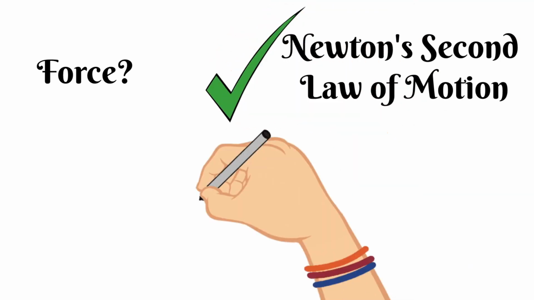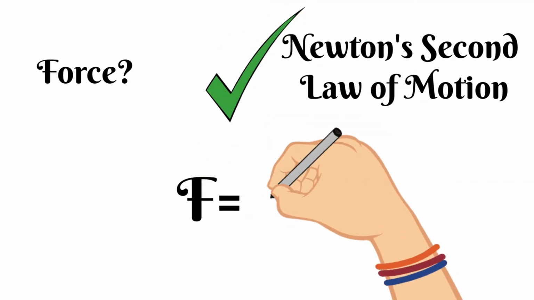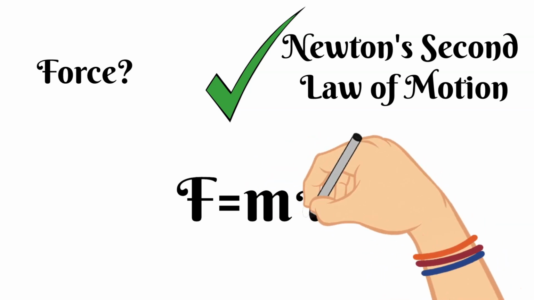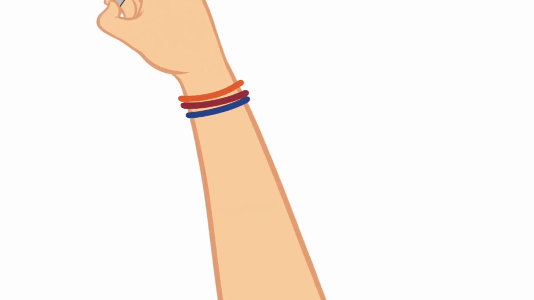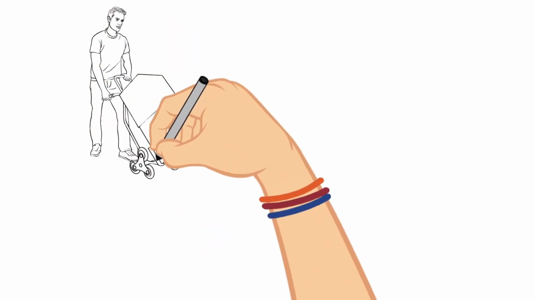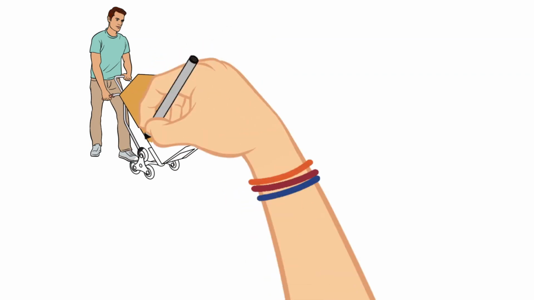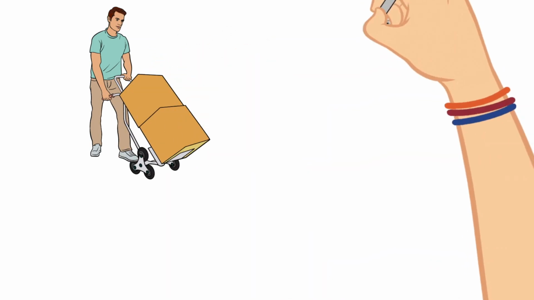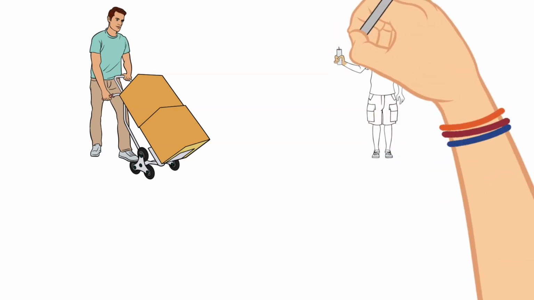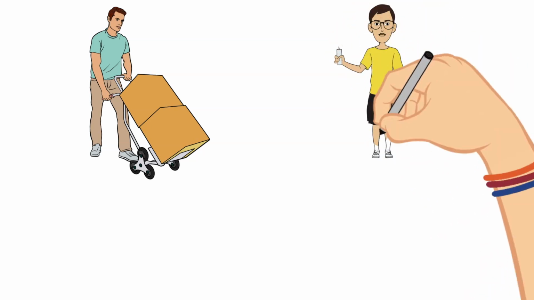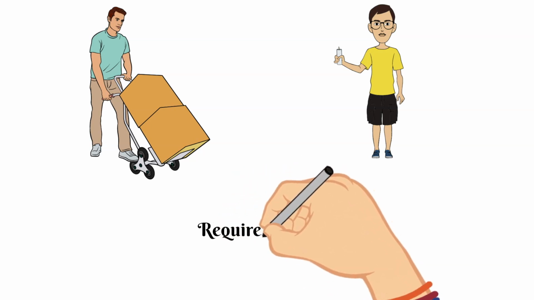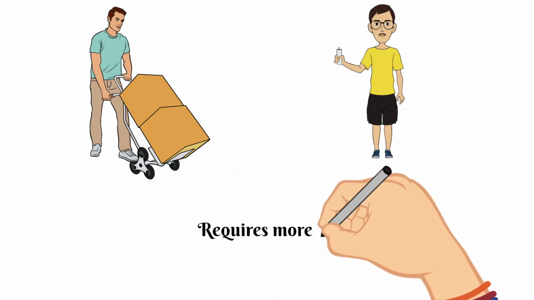So let's come back and look at our equation. Force equals mass times acceleration. Using this equation, we can see that heavier objects will require more force to accelerate, and lighter objects will require less force to accelerate, which is why we often use tools to help us move heavy and large things, like in this picture.